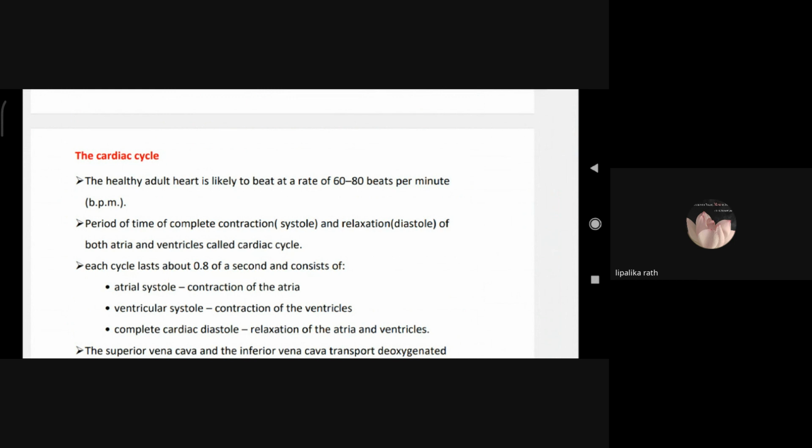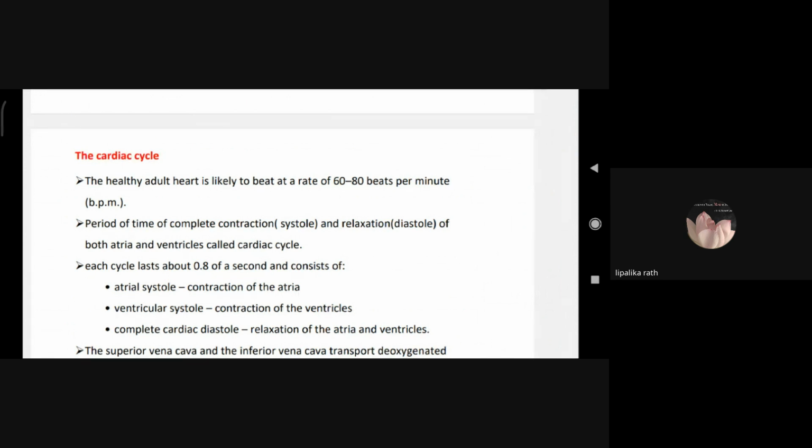So each cycle lasts about 0.8 of a second and consists of these things: contraction of atrium, contraction of ventricles, and relaxation of both atrium and ventricles. So within 0.8 second, all these things happen.